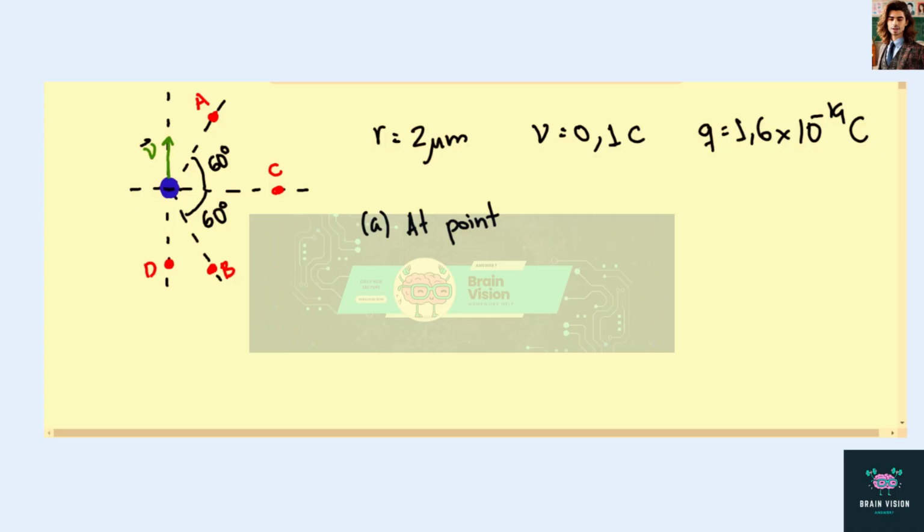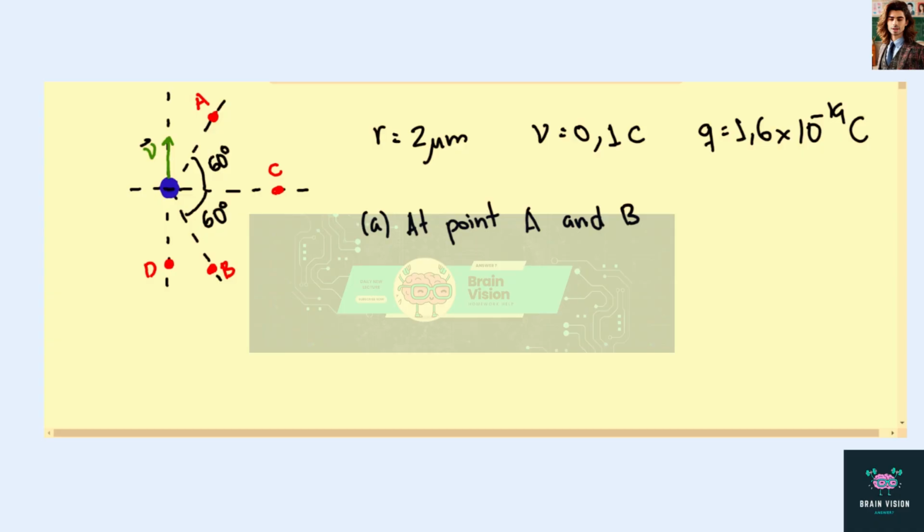So the first question is to calculate the magnetic field at points A and B. First, we can see from the figure the point B is at some given angle from the electron.